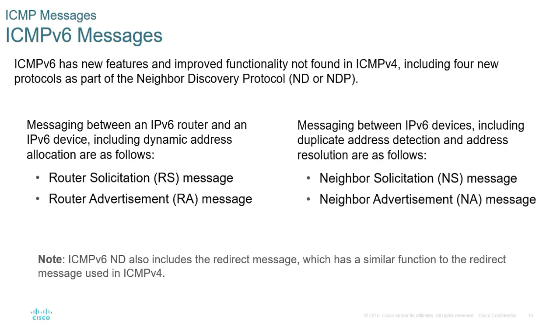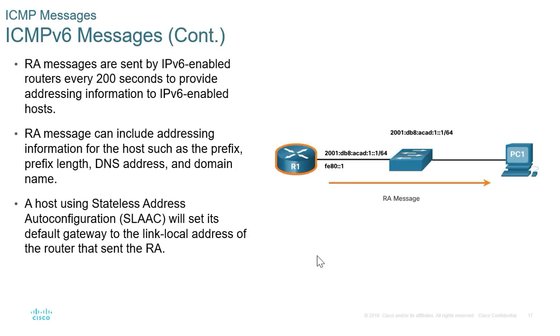Okay, so RA or router advertisements is being sent by router yang IPv6 enabled dan dia dihantar periodically every 200 seconds. Okay, so part of the router advertisements adalah information mengenai IPv6 parameters. IPv6 parameters ni, for example, kalau PC ni tak ada IP, right? So router ni akan hantar advertisement mengenai information IPv6.